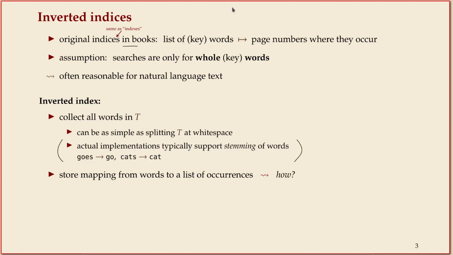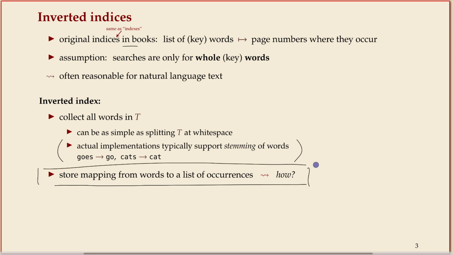But let me go back one step here. The key question now for inverted indices is, how do we make this fast, especially the query time? But all that this really asks for is a standard symbol table, same as we had.